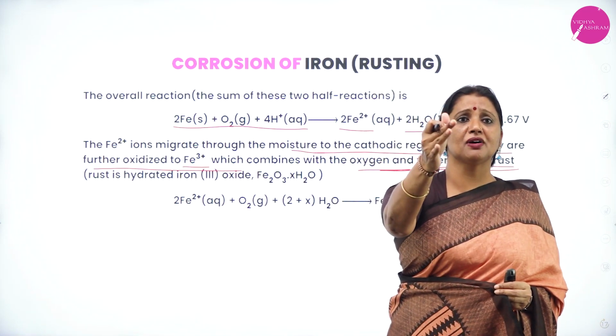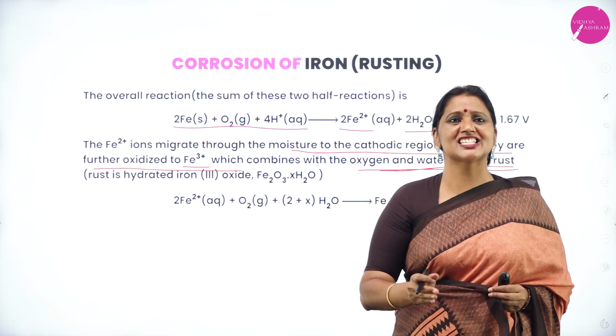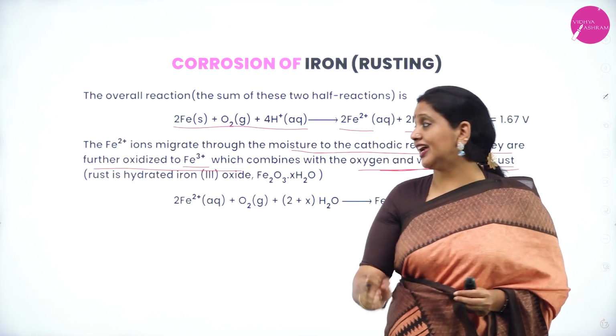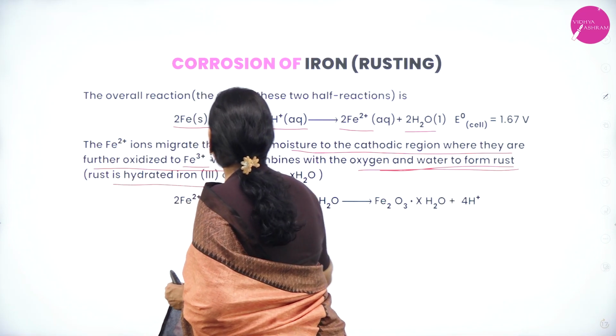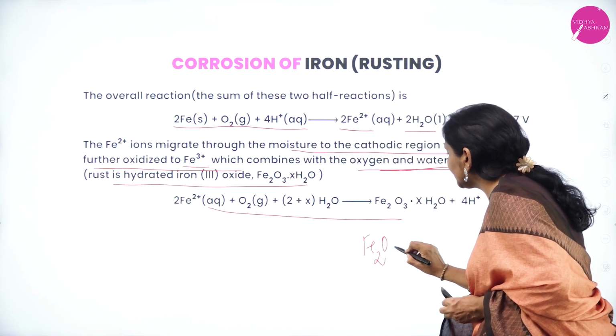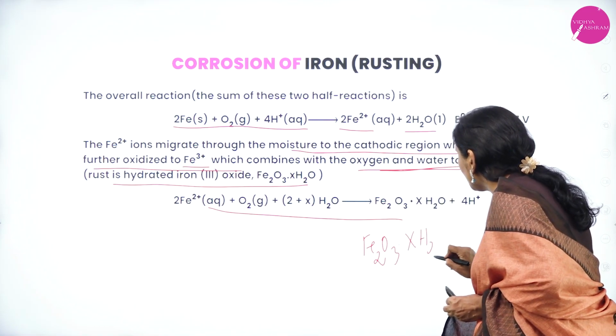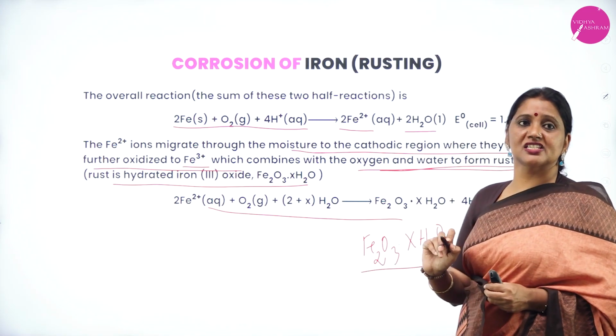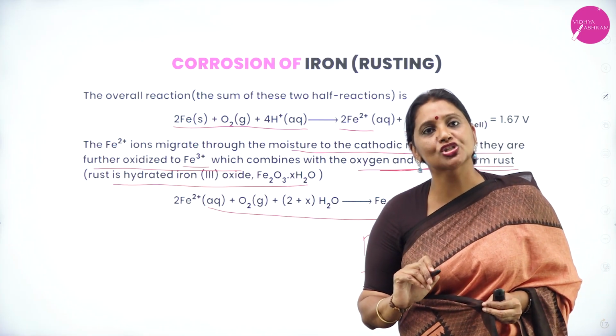What is the chemical name of rust? The chemical name of rust is hydrated ferric oxide, Fe2O3.xH2O.